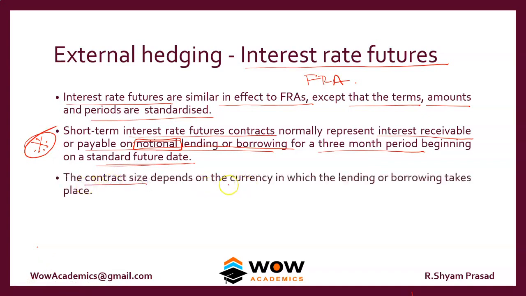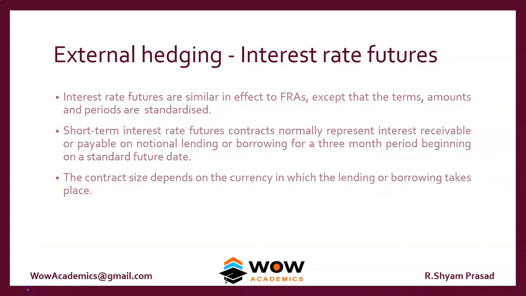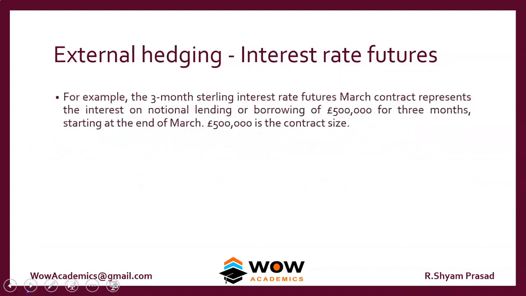The contract size depends on the currency in which the lending or borrowing takes place. For example, a 3-month sterling interest rate futures March contract represents the interest on notional lending or borrowing of £500,000 for 3 months starting at the end of March, and 500,000 is the contract size. So if you see here, everything is standardized.